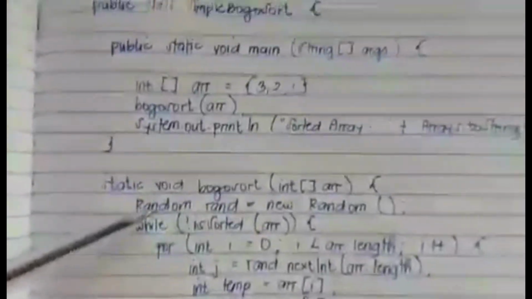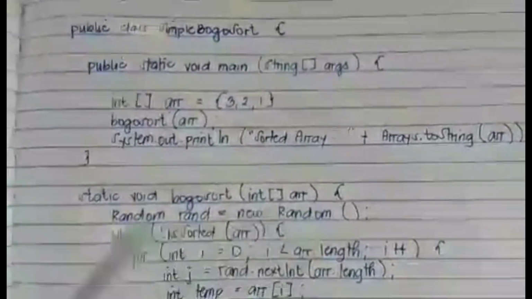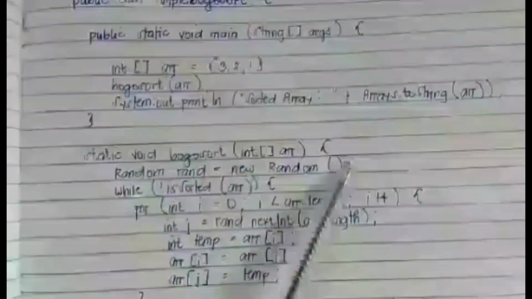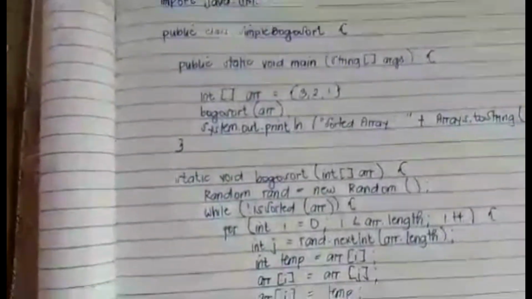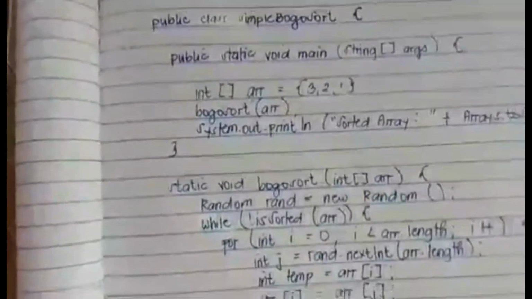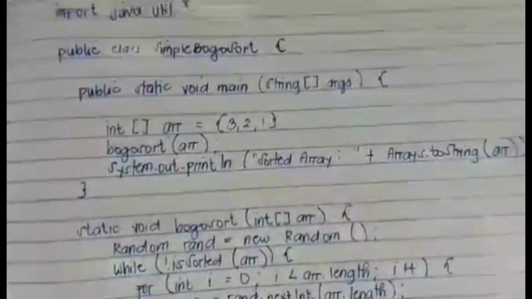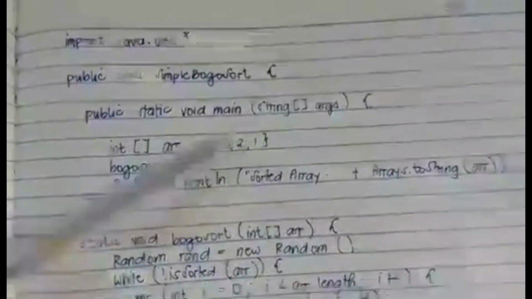Then Random, new Random, kani siya ang iyahang rule diri sa code is randomly siyang mag-shuffle.